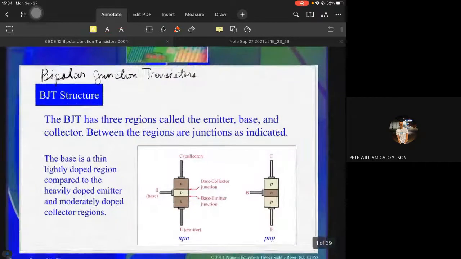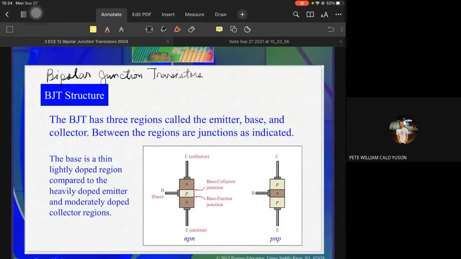Okay, BJTs. So the BJT has 3 regions called the emitter, the base, and the collector.